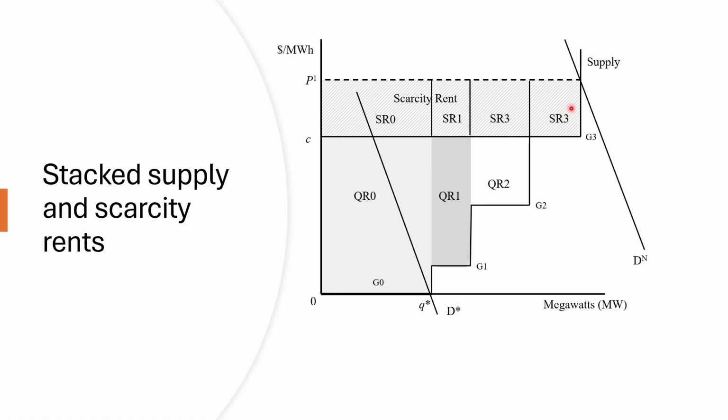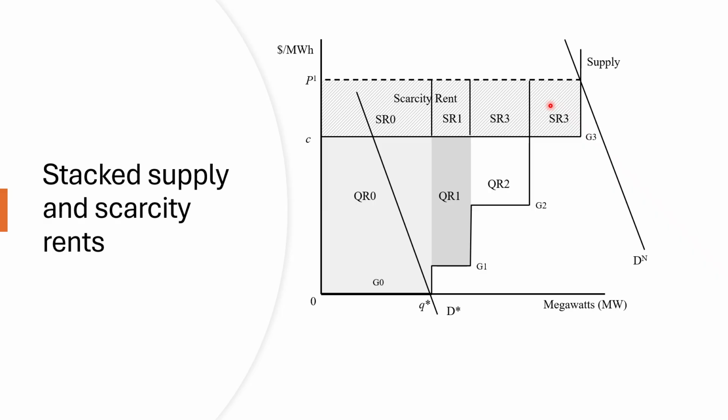In that case, we have to be careful that we are able to charge P1, because there are instances where the price of electricity is capped by the system operator, often due to political reasons. For example, the cap on the Alberta system is $1,000 per megawatt hour.